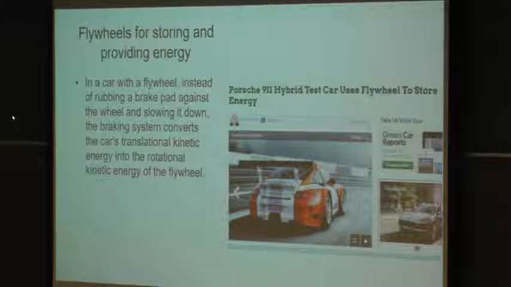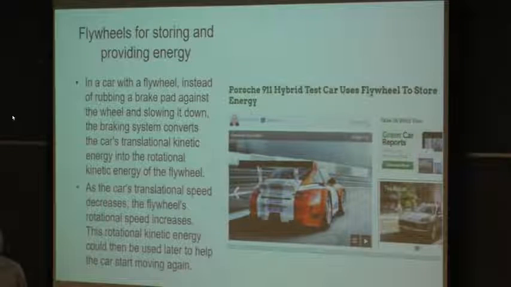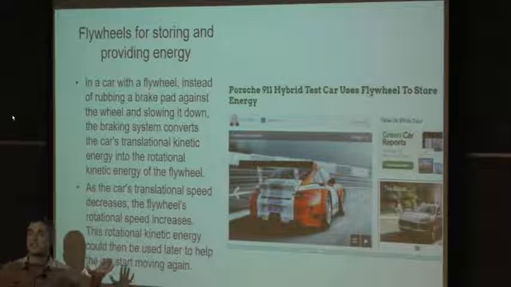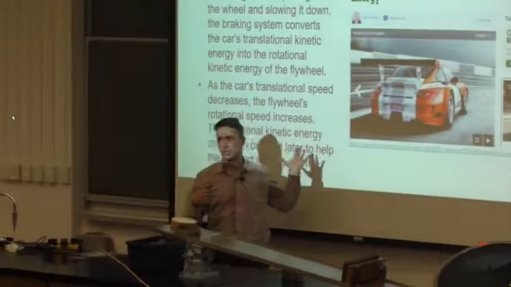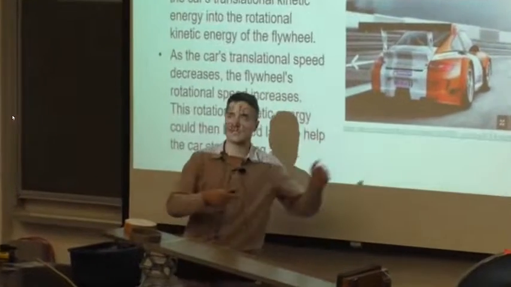And they have braking systems for some cars, some race cars, where instead of the brake pads just rubbing against each other and converting your translational kinetic energy into heat, you can hook it up to a flywheel so you convert your translational kinetic energy into spinning the flywheel even faster. And when you do that, you can reverse the process and have, when you step on the gas again, that flywheel kinetic energy go back into the translational kinetic energy of the car.